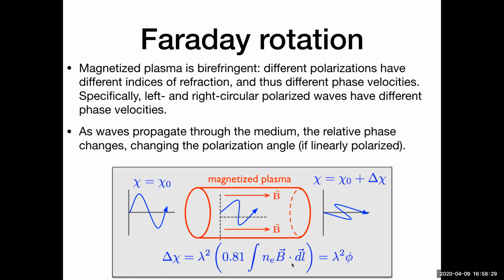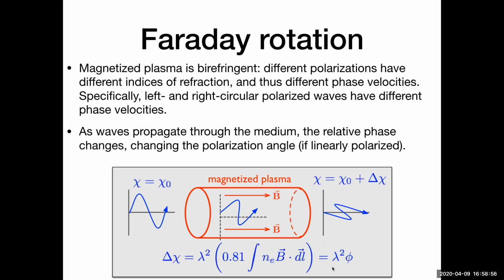And so for convenience, we define this integral factor as something called the rotation measure or the Faraday depth. There is a distinction between those terms that I don't think I'll have time to get into today. But with rotation measure or Faraday depth, the whole change in the angle is that times the wavelength squared.